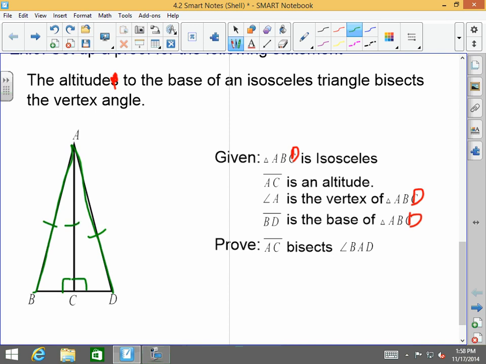Then I could say that AC is congruent to itself because of reflexive property. Now I can say triangle ACB is congruent to triangle ACD because of HL, hypotenuse leg. Then I can say angle BAC is congruent to angle DAC because of CPCTC. Then I can say AC bisects angle BAD because of definition of angle bisector.